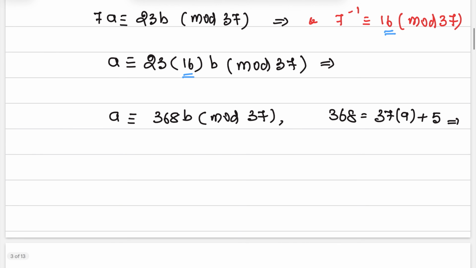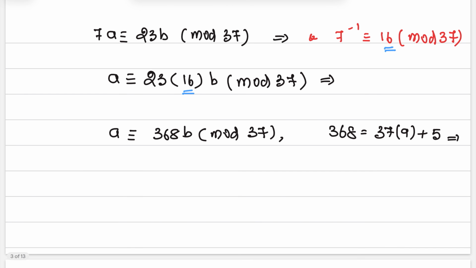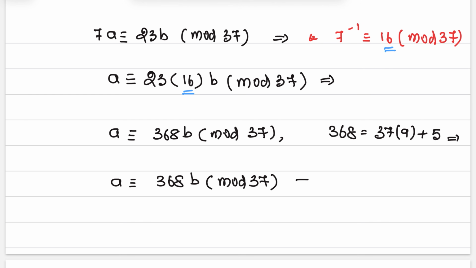That implies ultimately we have to find some A. A congruent to 368B mod 37. Now, let us concentrate on 368. 368 is equal to 37 into 9 plus 35.